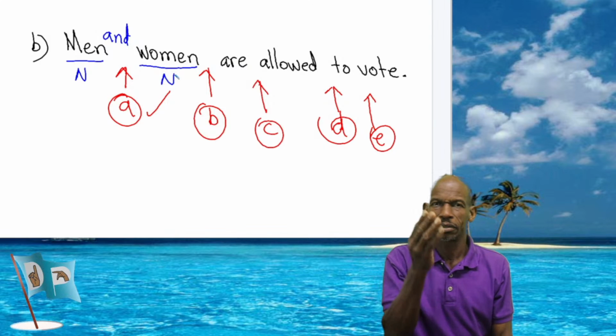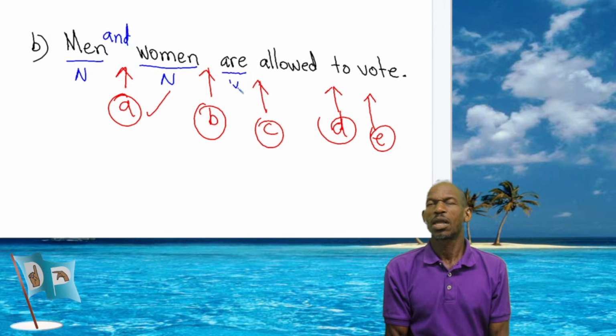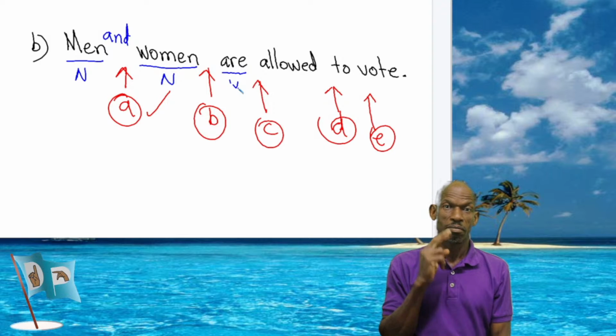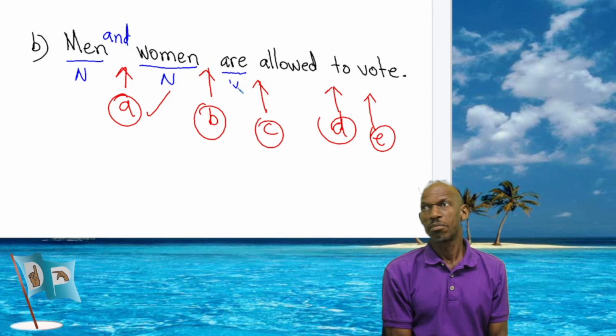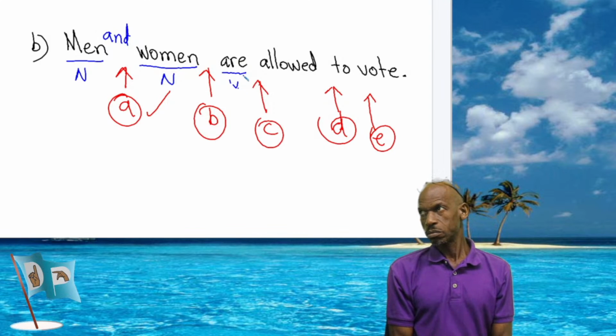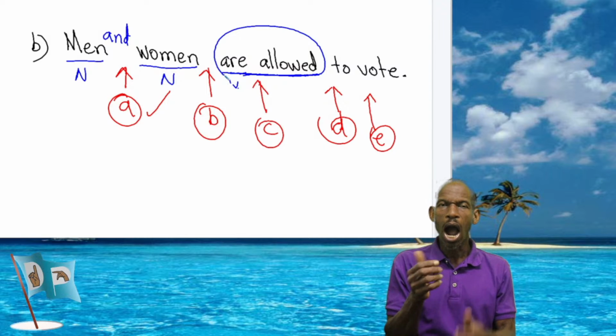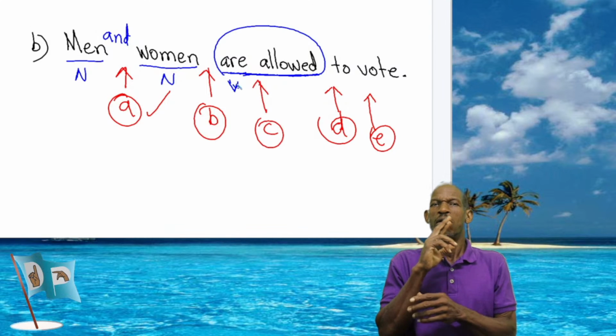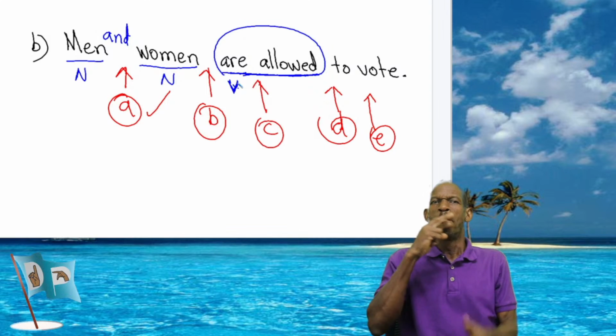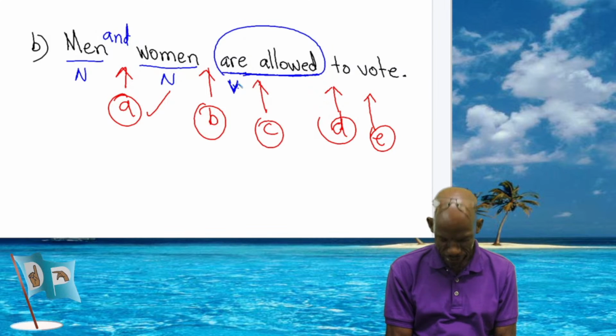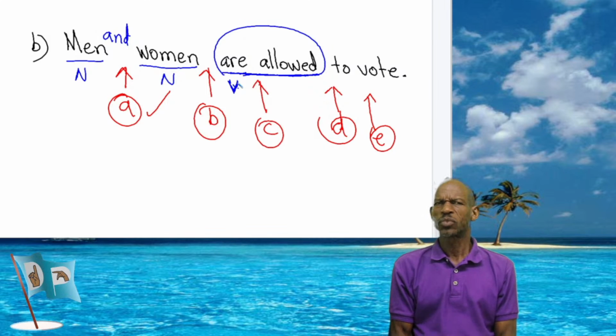I don't put it by "is", a verb. And you see "are allowed": these two are verbs that need to be together. This is like one verb in the sentence. "Are allowed" is one verb here. We'll learn more about these kinds of verbs as you go along.